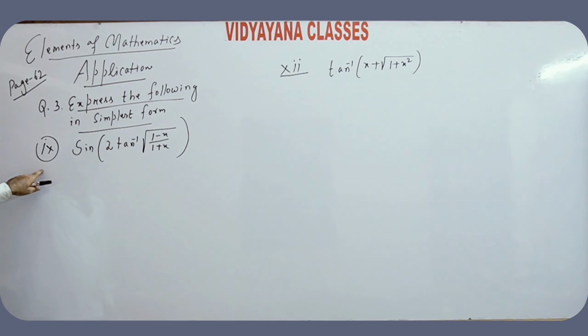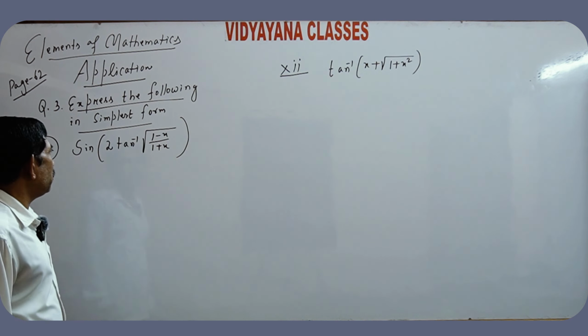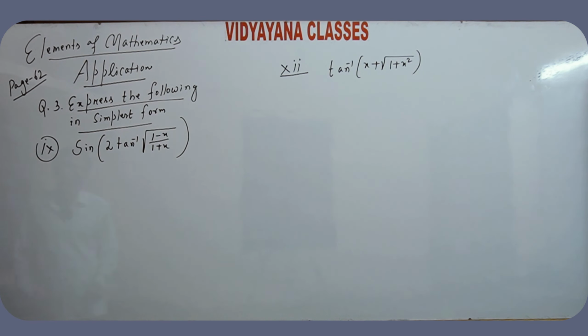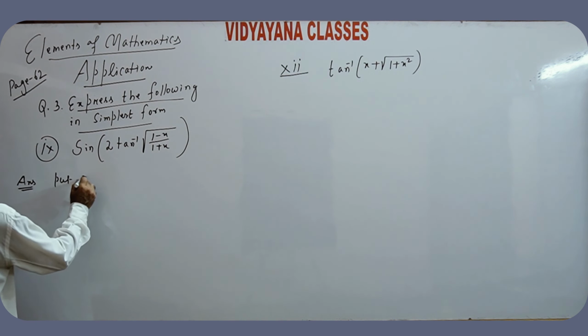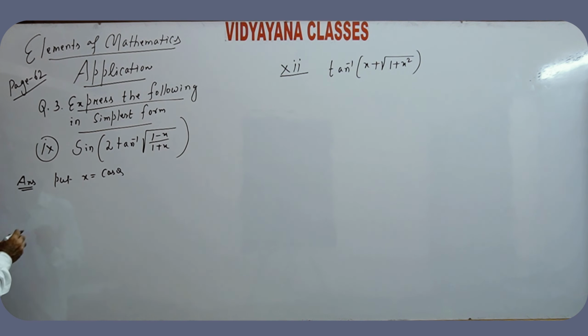Question number 3: find sine 2 tan inverse square root of 1 minus x divided by 1 plus x. Or x is equal to cos theta.